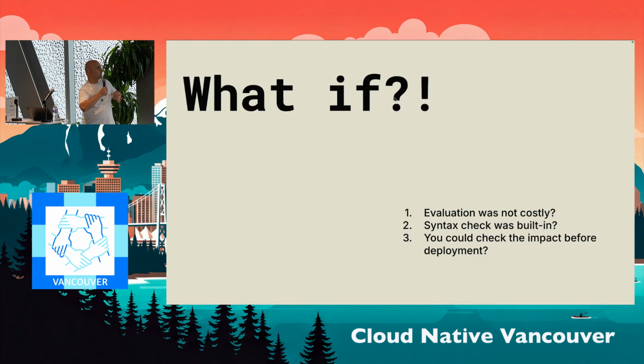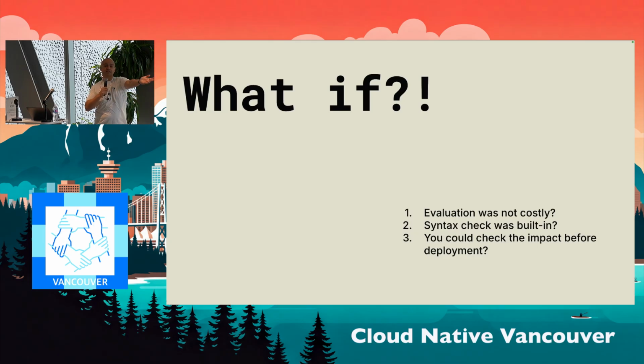All right, so at this point, I was frustrated because again, 30 years of firewalls and now Kubernetes, and I'm like, what if? So what if evaluation was not costly? What if before I wanted to apply it, I knew where the problem is? And even if I don't know anything about YAML, I could figure it out. Now, what if the syntax check was built in?